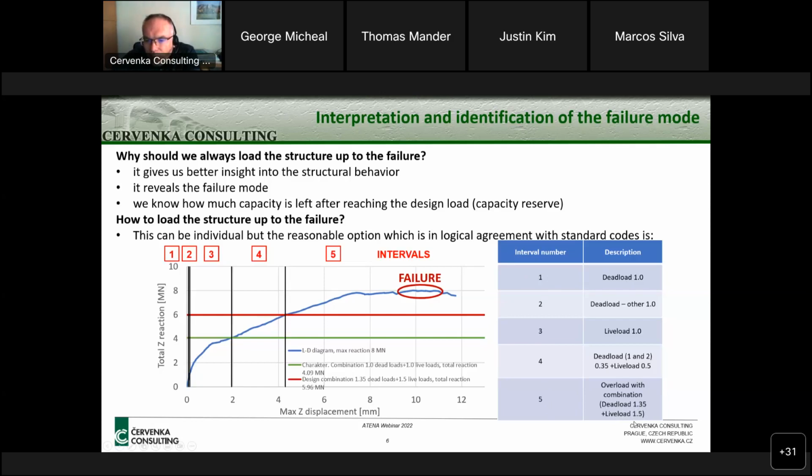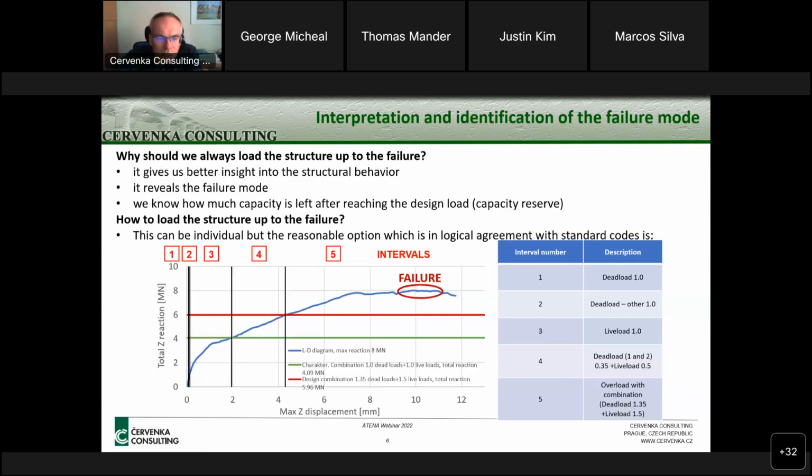So we have this load combination that we want to verify. One possible way would be to apply this whole load combination and keep increasing it until we reach this value, and then maybe continue to overload.